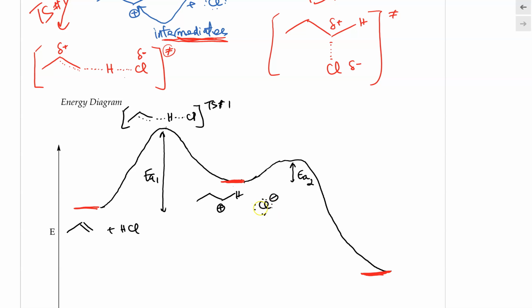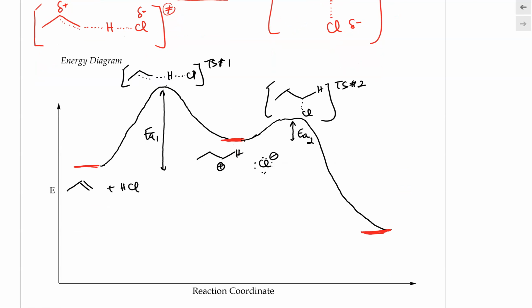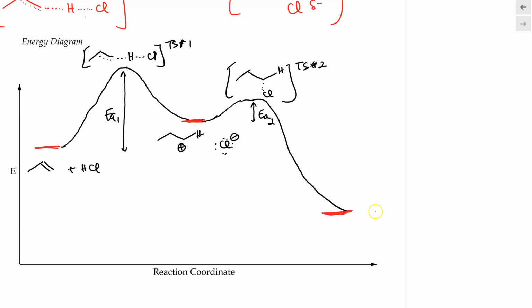And now these two intermediates will begin to interact with each other and produce transition state number 2, as we drew up here. And this is transition state number 2. And finally leading to the formation of the product. The structure of the product will be as follows.